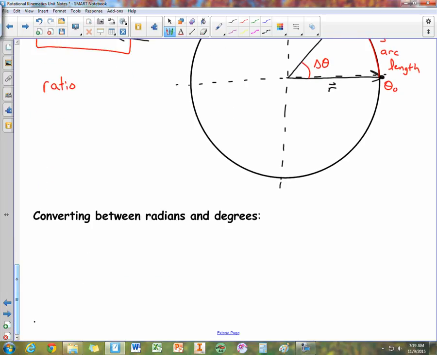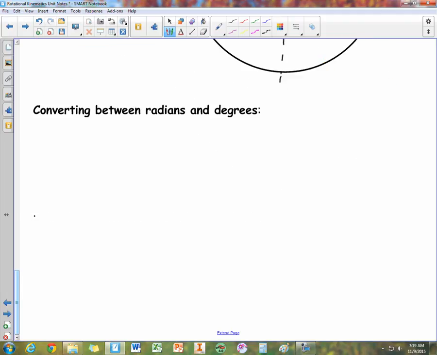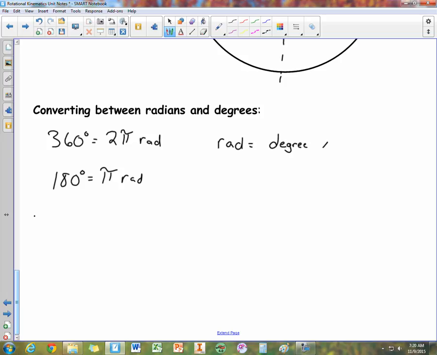Now, we want to be able to convert back and forth between radians and degrees. And from the unit circle, remember that 360 degrees is the same thing as 2 pi radians. Or if I were to divide by 2, 180 degrees is the same thing as pi radians. So that means that if I want to calculate the radians, it would equal the degree multiplied by pi over 180.